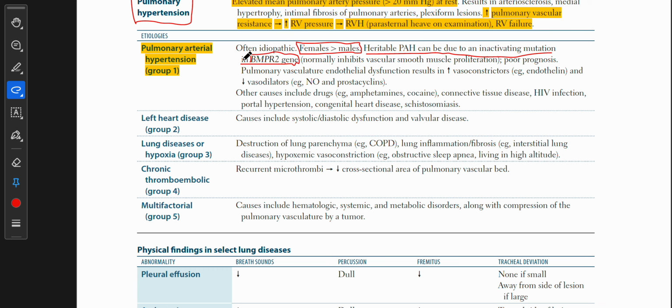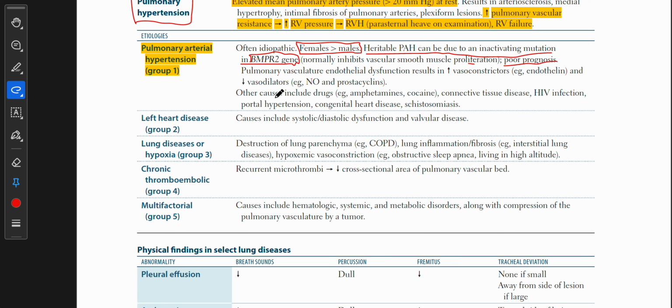BMPR2 gene. It normally inhibits vascular smooth muscle proliferation. So if there is a mutation in this inhibitor gene, then there is proliferation of vascular smooth muscle, which will lead to increase in resistance, narrowing of the lumen of blood vessels, and that has very poor prognosis.